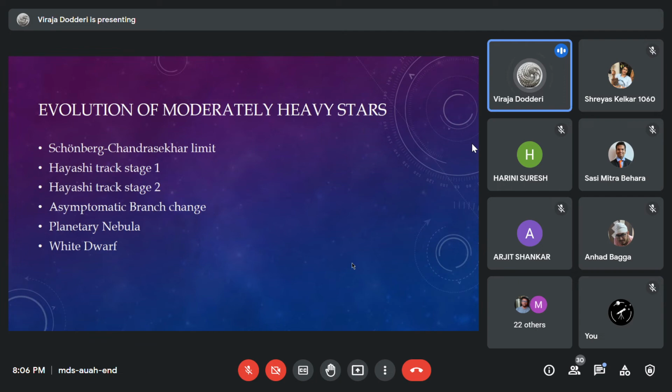But because the mass is just moderate, the core will become degenerate even before reaching the sufficient temperature.